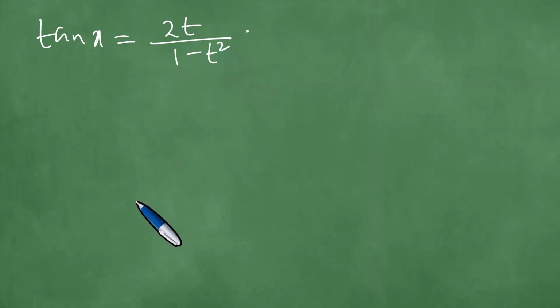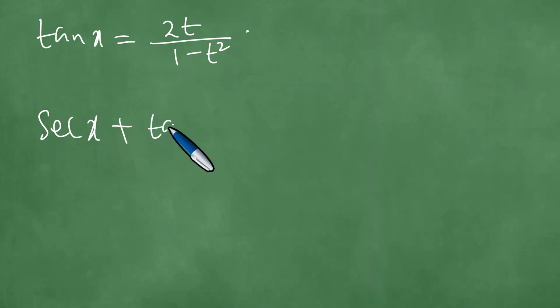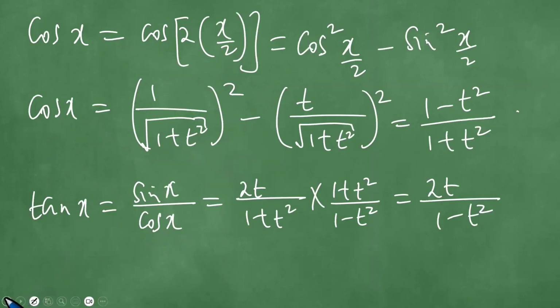So in the end, we are able to write the following. But simultaneously, the secant of x plus the tangent of x. What is the secant of x plus the tangent of x?